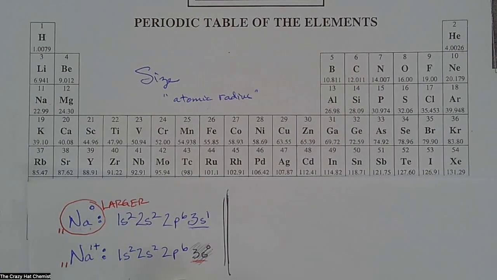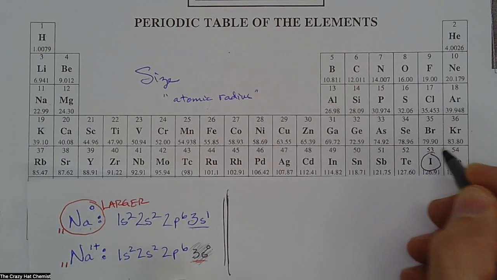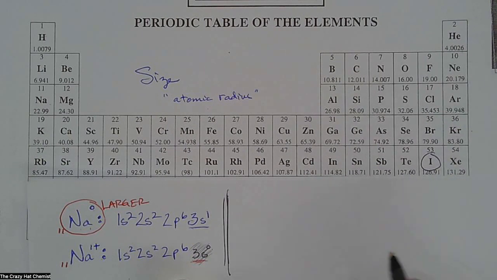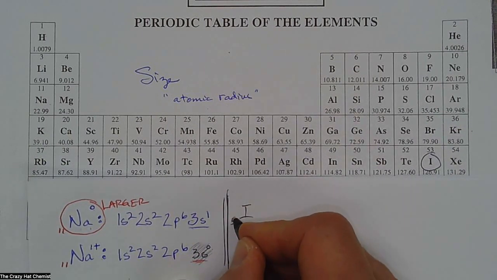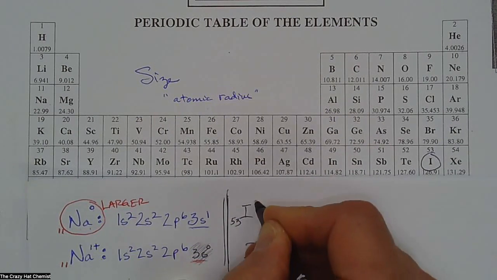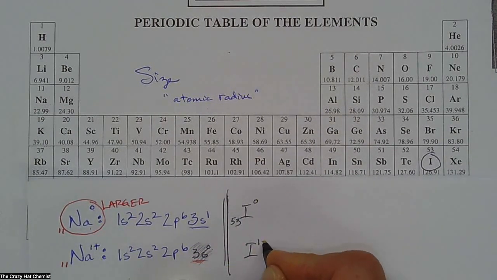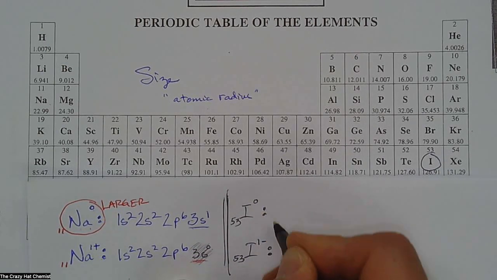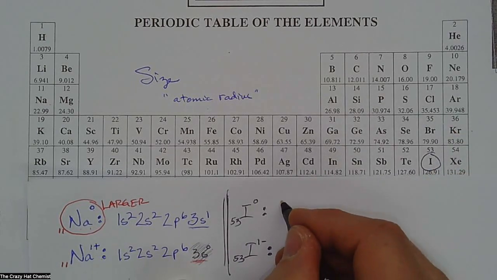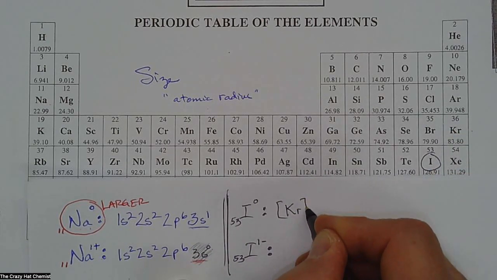We're going to use the noble gas notation. There is iodine, so that would be krypton. So iodine, and this is element 53, and then that has no charge, and the iodide ion, and that's still element number 53. So we're going to use the noble gas notation here for convenience sake. So that's Kr, that's krypton.